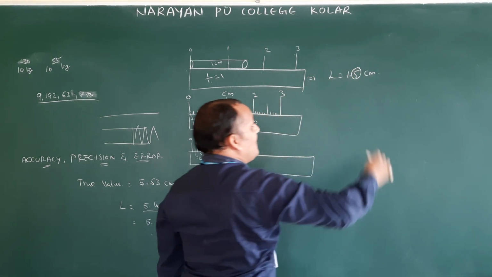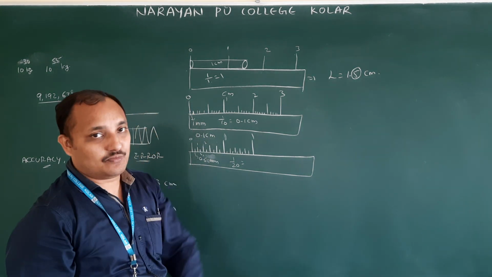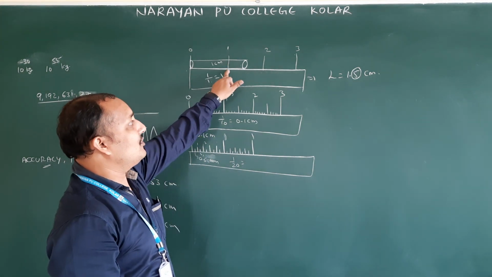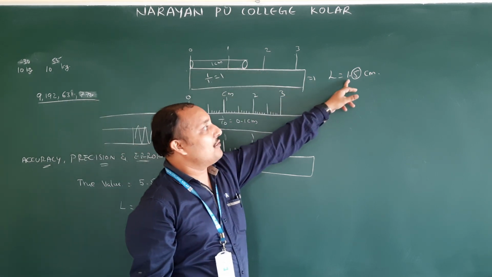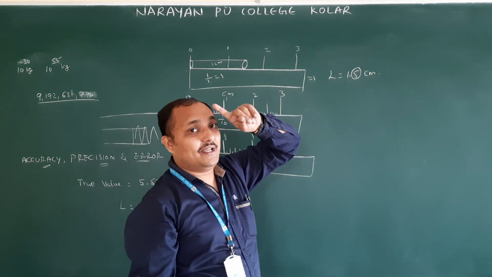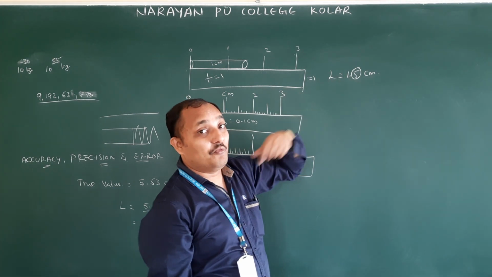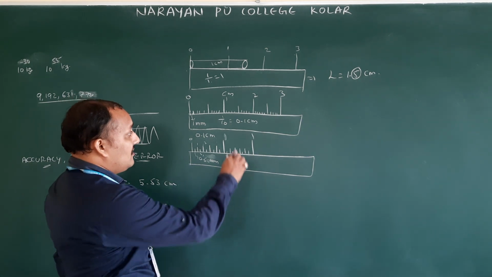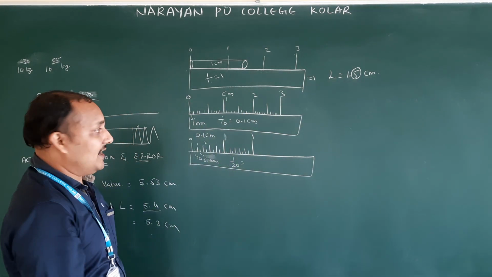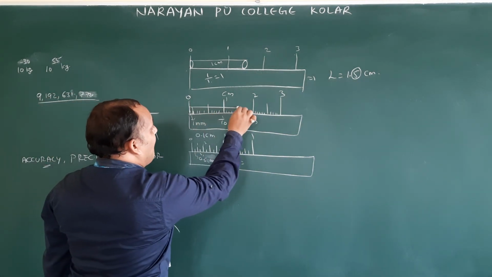This 0.5 you assume, isn't it? The exact value we know is 1, but this is in between 1 and 2, therefore you wrote 1.5 centimeters. I am saying once again, this 0.5 we assume because no value is there. Same chalk piece you brought onto this.